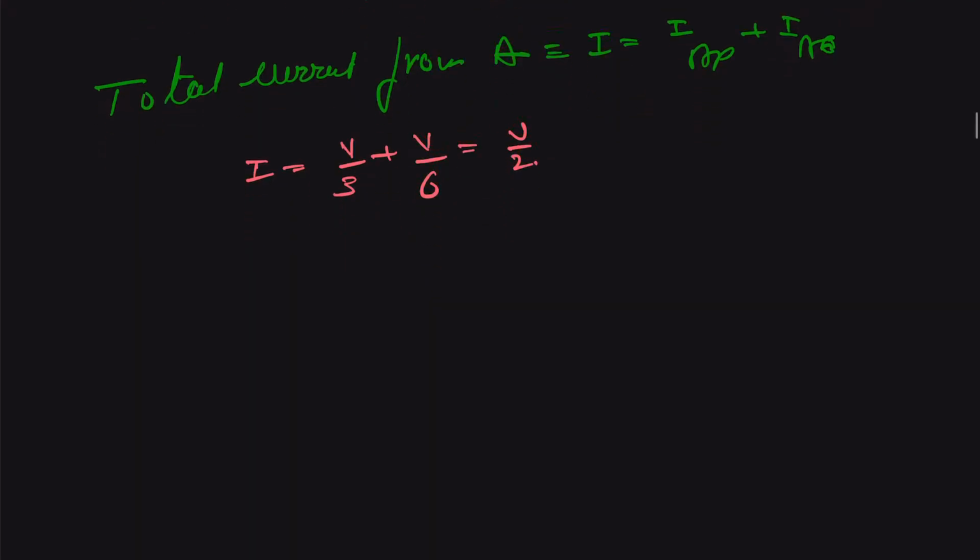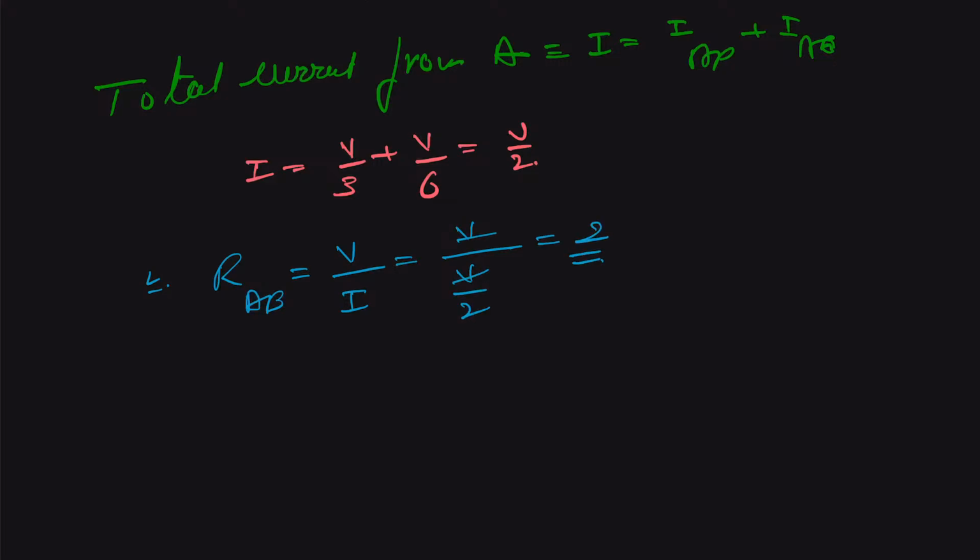And from here we can say that equivalent resistance, that is our RAB, is equal to, by Ohm's law, V upon I. This is V and I, we already found out. This cancels out, it comes as equal to 2.